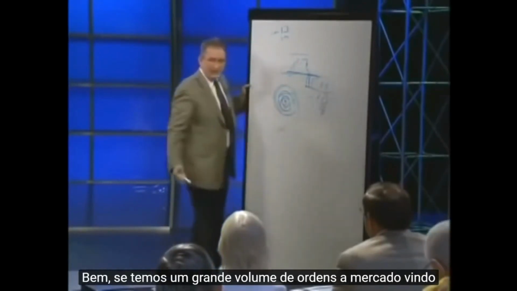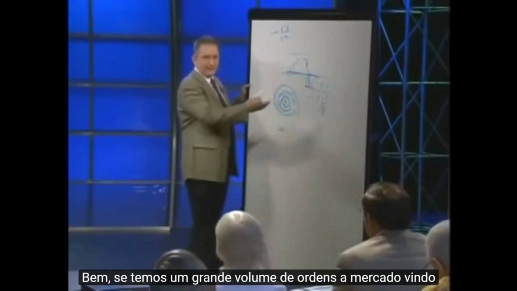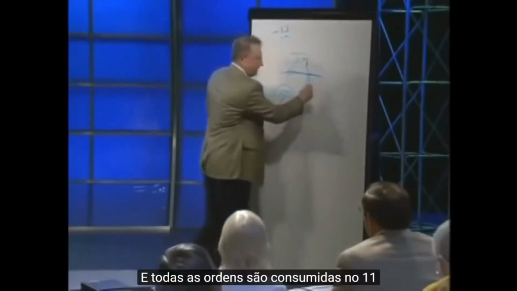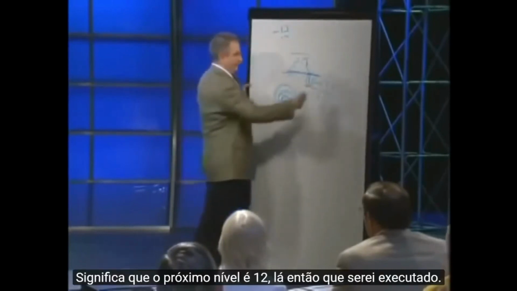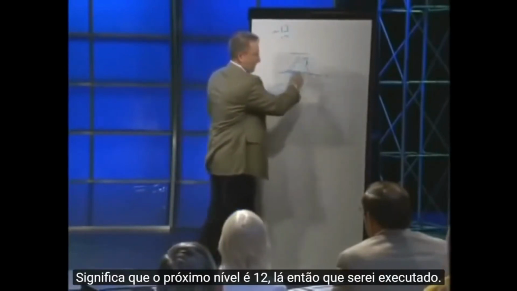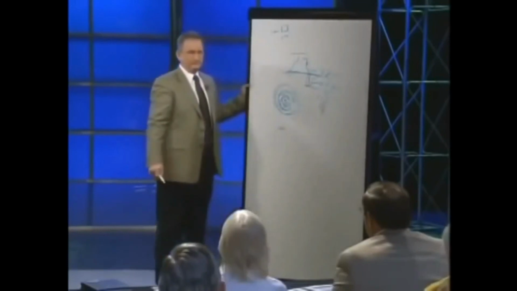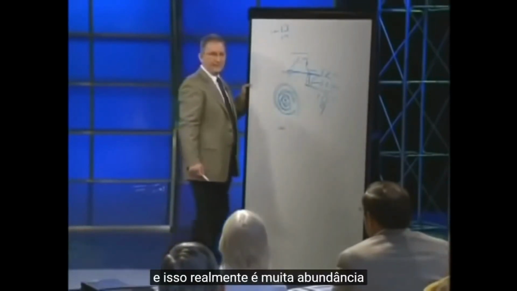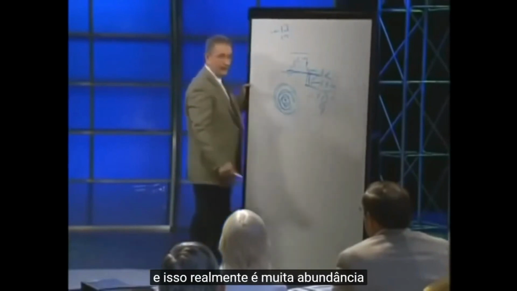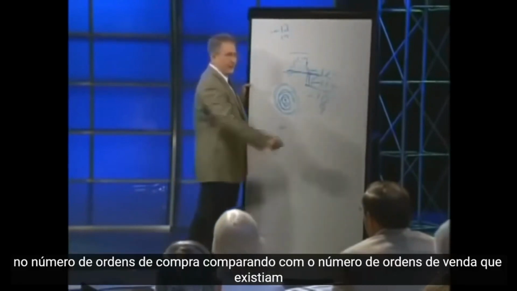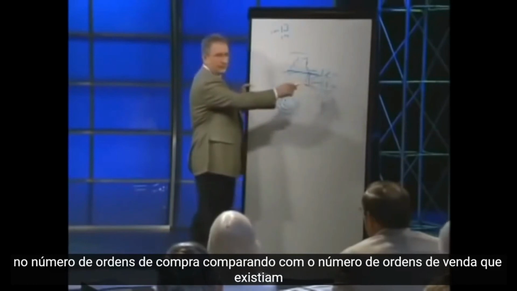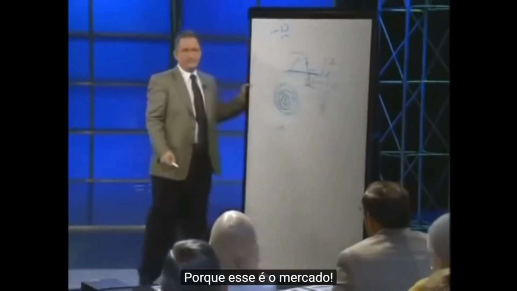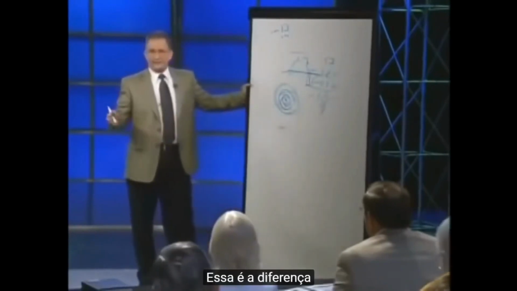Well, if there are so many market buy orders coming in that all the offers at 11 are taken out, then the next price up where there are offers is 12, and that's where I'm going to get filled. And if there are so many more that got in before me, a real overabundance of buy orders in relationship to the number of offers that exist, then I might get filled at 13, because that's the market.